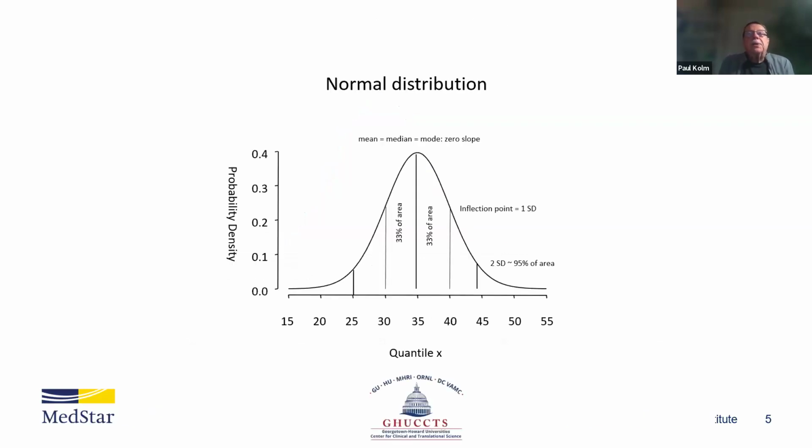Some characteristics of the normal distribution: the mean, the median, and the mode are all equal, and they all occur where the slope of the curve is zero, in other words, right at the apex of the curve. The inflection point, where the curve changes from concave to convex, is one standard deviation either side of the mean, and essentially two standard deviations is about 95% of the area under the normal distribution.